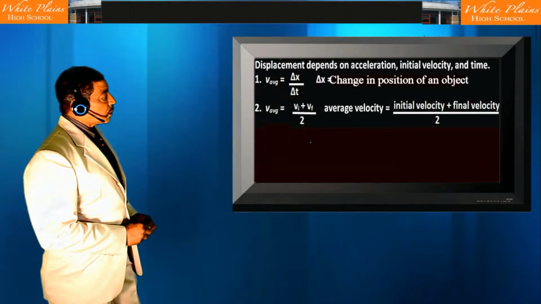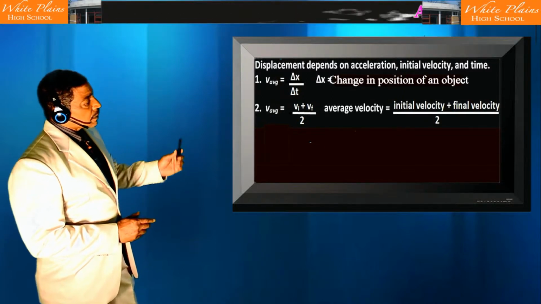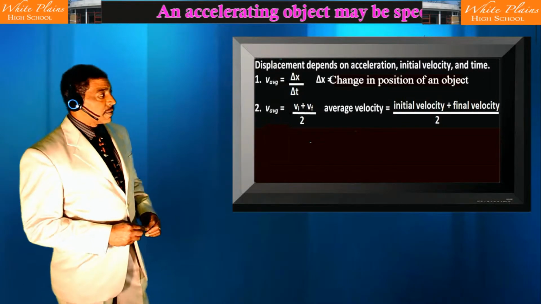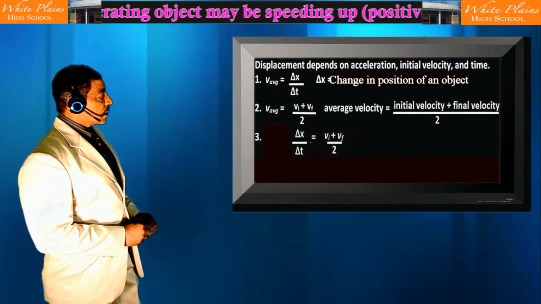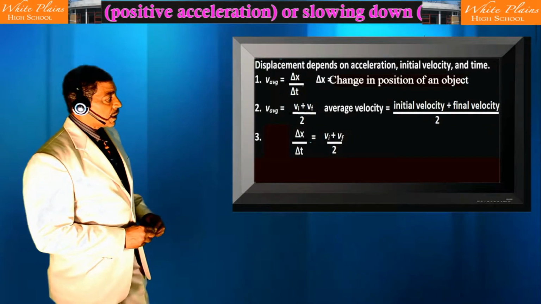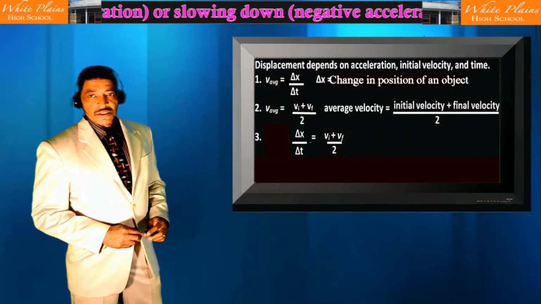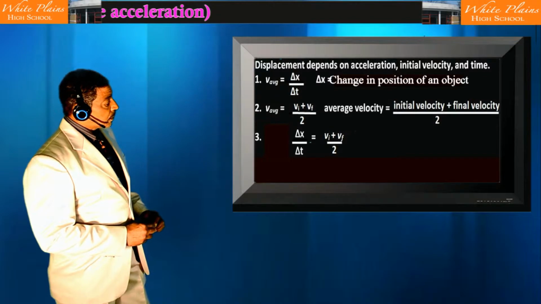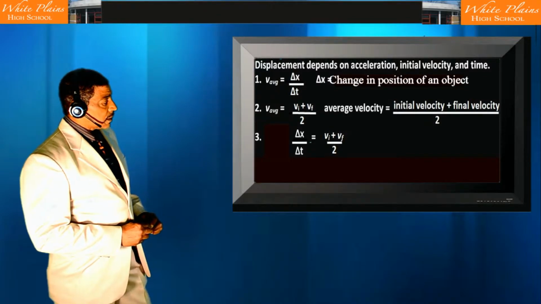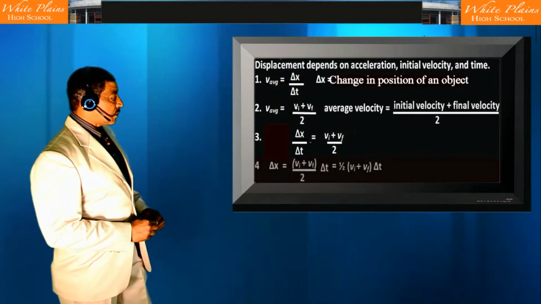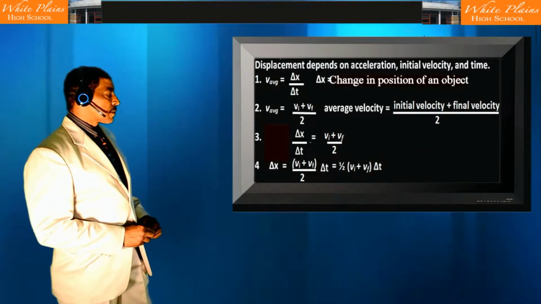For an object moving with constant velocity, average velocity is also equal to v sub i plus v sub f divided by 2. To find an expression for displacement in terms of initial and final velocity, set the expressions equal to each other. Average velocity is equal to delta x divided by delta t, which is equal to v sub i plus v sub f divided by 2.